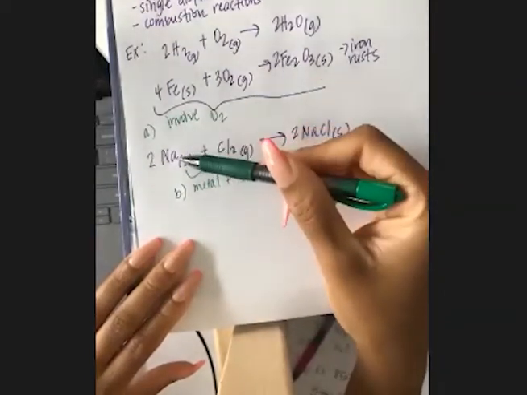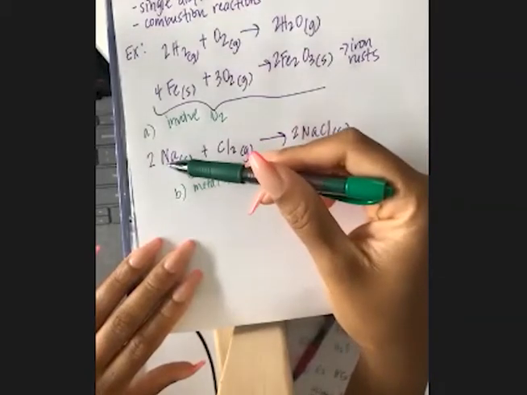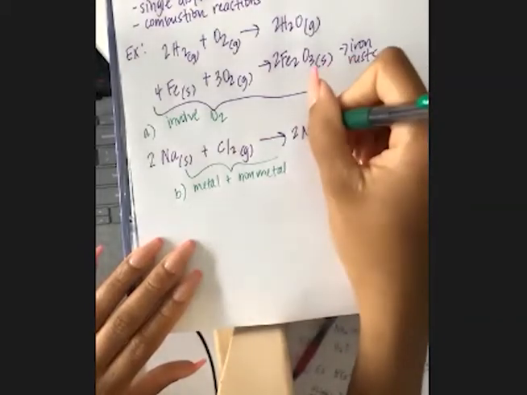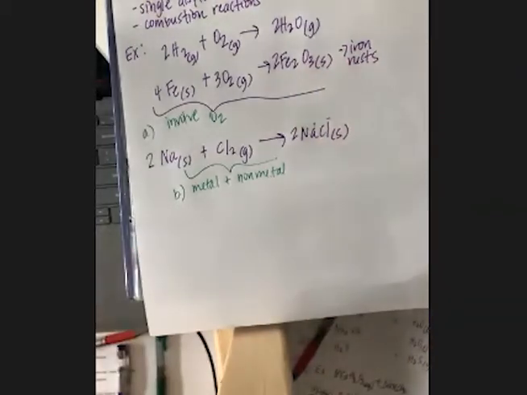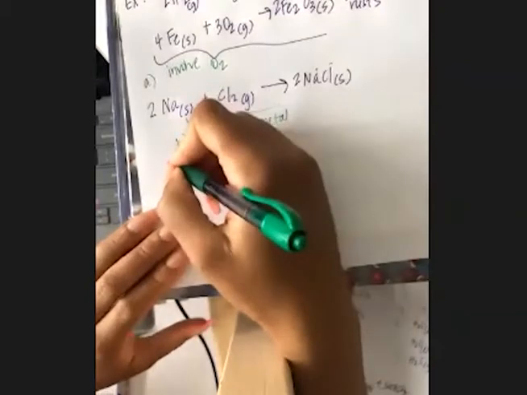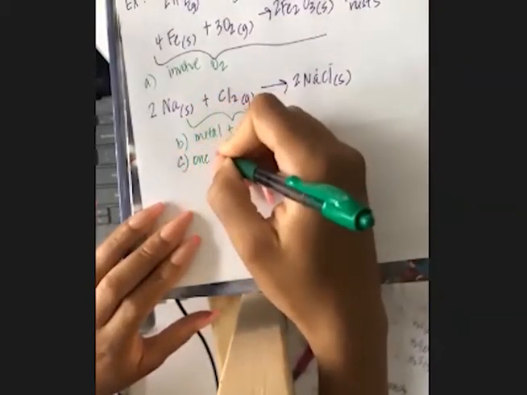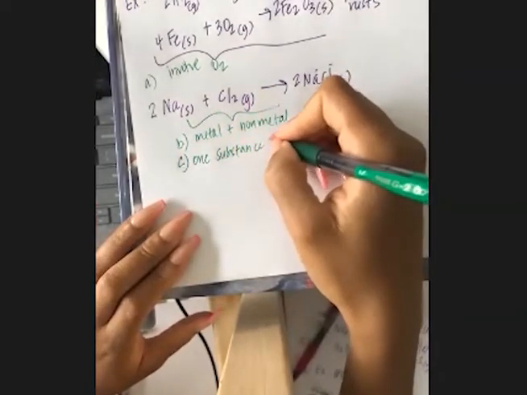Remember, when metals react with non-metals, metals lose electrons, non-metals gain electrons. So this is going to be a positive and a negative coming together. One gained, one lost. And then in general, another way we can say we have a redox reaction is when one substance transfers electrons to another.